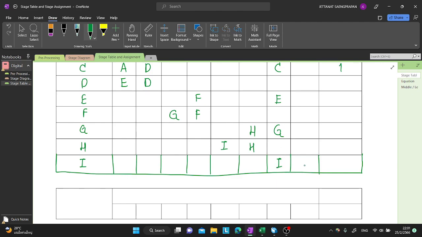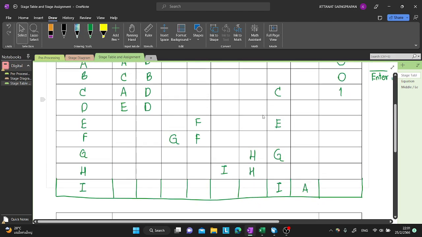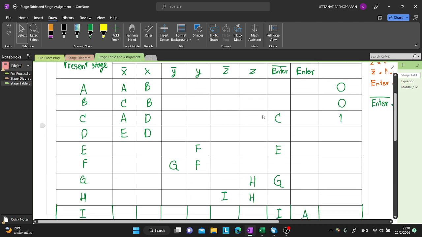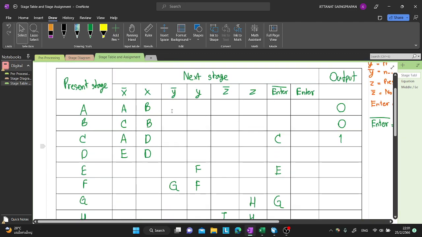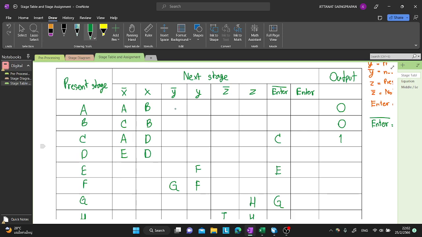There, if I press any numbers, which is enter, it goes to A. So the rest of the table in here is all A, because it's 0. Enter is all A, it's 0.